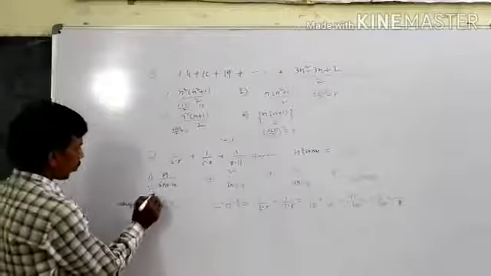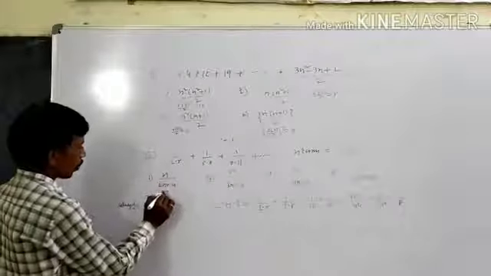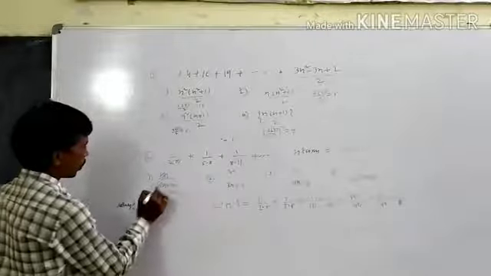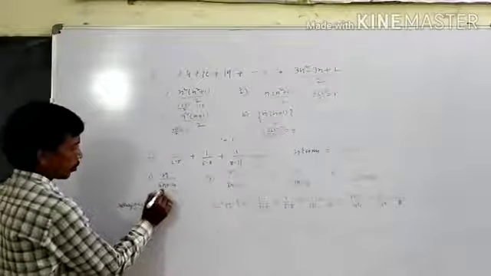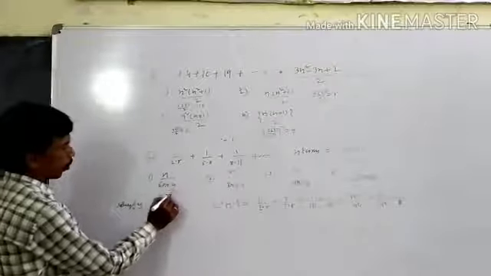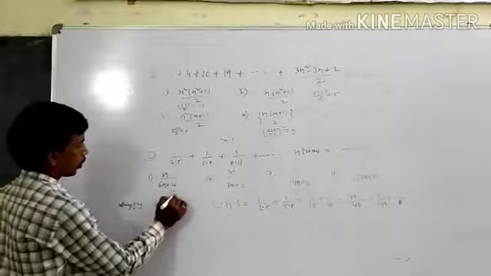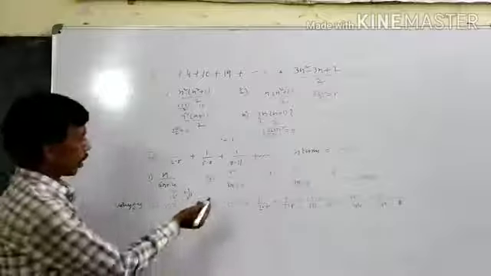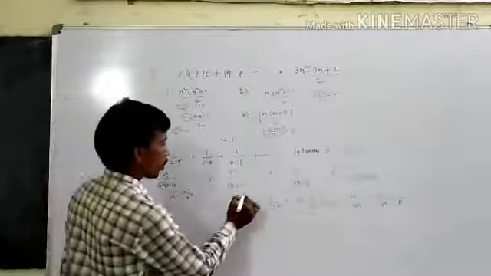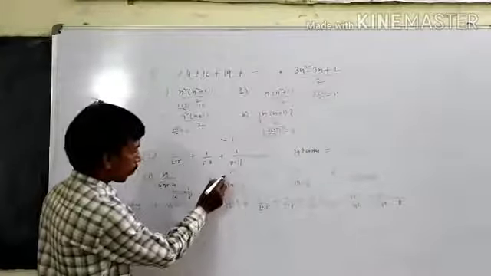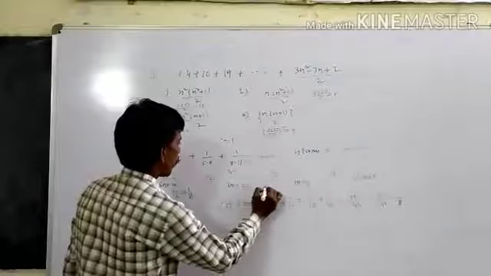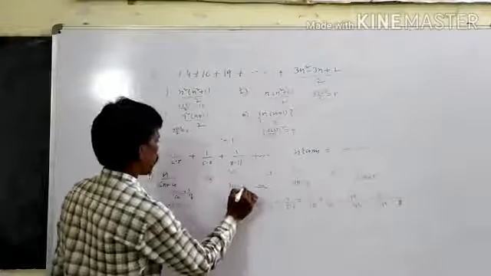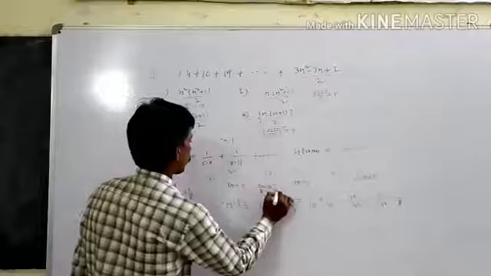So if n equal to 2, first option: 2 by 6 into 2 plus 4, that is 2 by 16, that is 1 by 8. Second option, we put n equal to 2 by 6 plus 2, 2 by 8, that is 1 by 4.